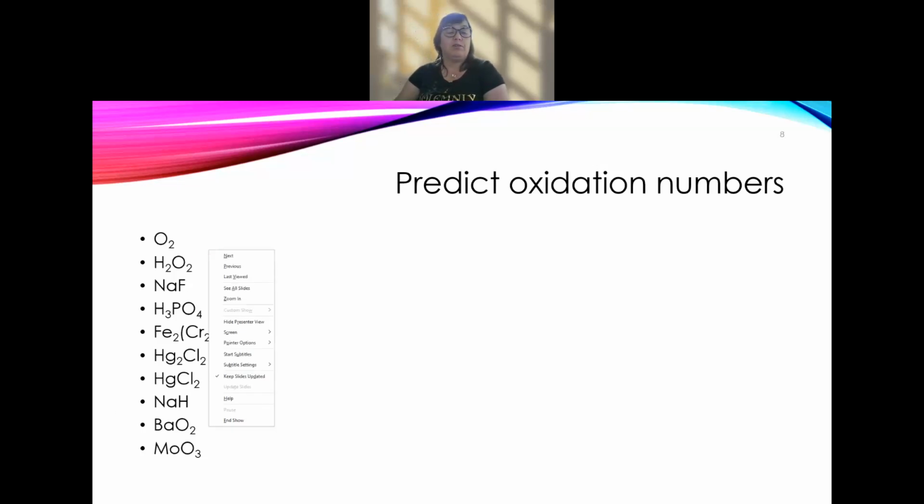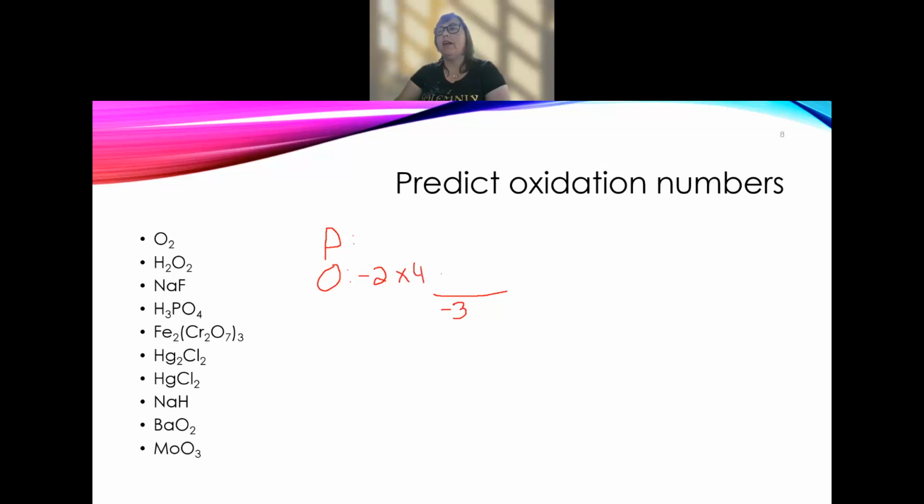So let me show you, let me find some pen. So let's talk about P, the O, and of course there's 4 of those, and then our overall charge for this thing is going to be 3 negative, or -3. So I know that oxygen is -2. I know that I have 4 of them. And that gives me a total of -8, right?